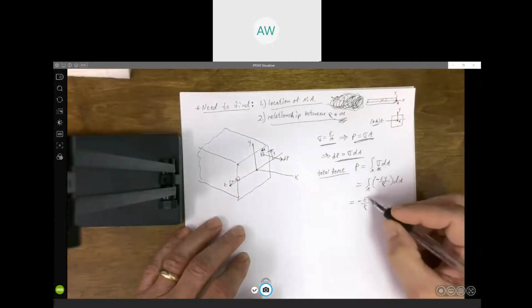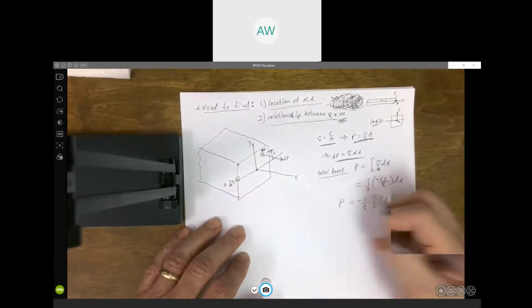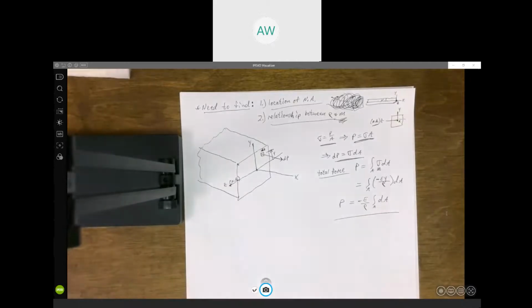So what we have is minus E over rho times the integral of y dA. But remember one of the first big assumptions we made at the beginning was that we're assuming no axial loads.